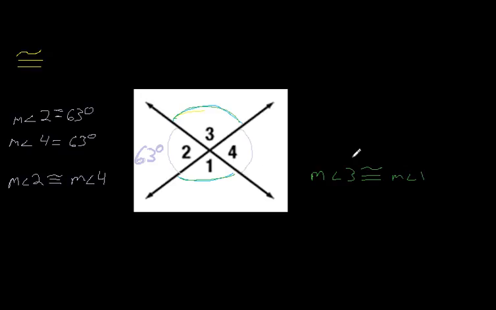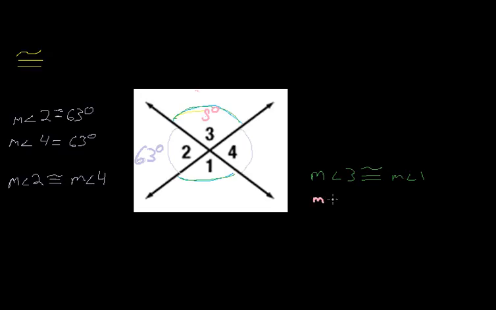And what if I were to state that the measure of angle 3 is S degrees? It looks a little bit like a 5, so let me try one more time. Cool. S degrees. Well, what would the measure of angle 1 be?